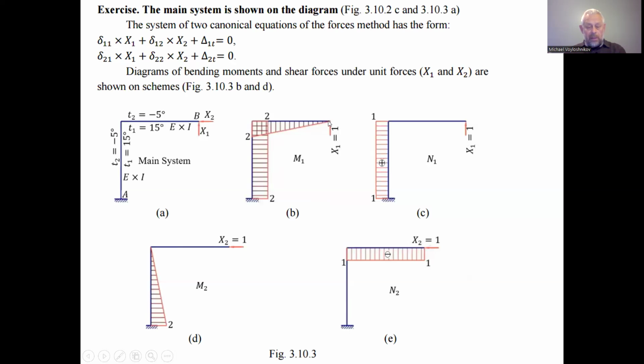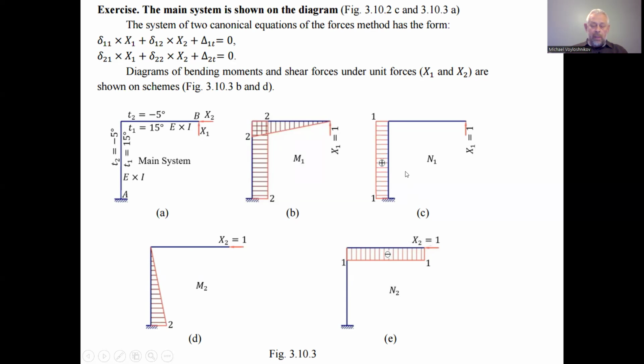The horizontal element of the mechanical system is under a bending moment increasing linearly from 0 to 2, from the end to the point of connection of these two beams. We plot these diagrams of the bending moment on the stretched fibers of the mechanical system.